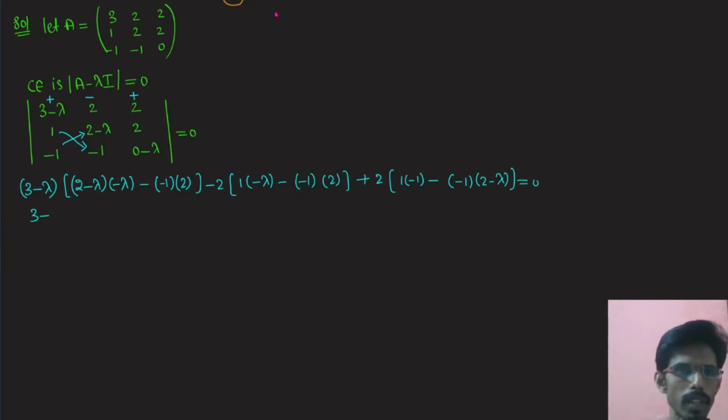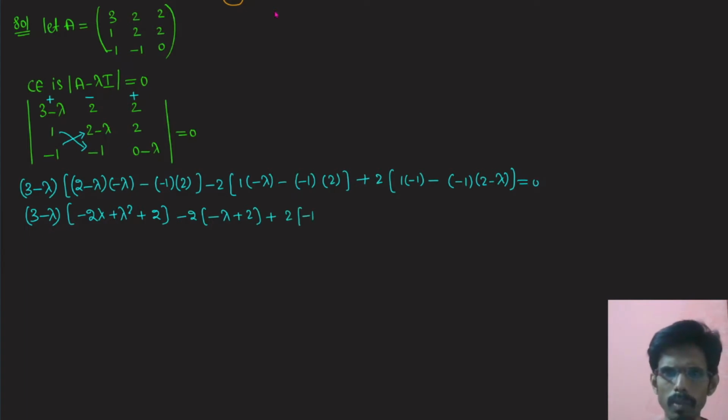Now this will become 3 minus lambda into, here this will become minus 2 lambda plus lambda square, minus minus will become plus 2, minus 2 into minus lambda, minus minus will become plus, 1 into 2 will be 2, plus 2 into minus 1, minus minus will become plus 2 minus lambda equals 0.